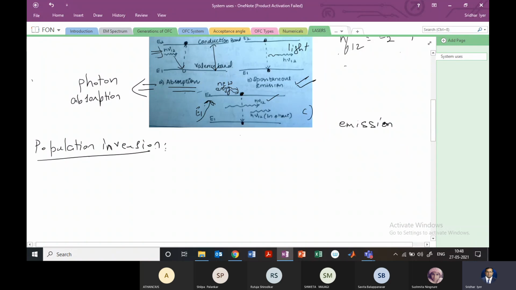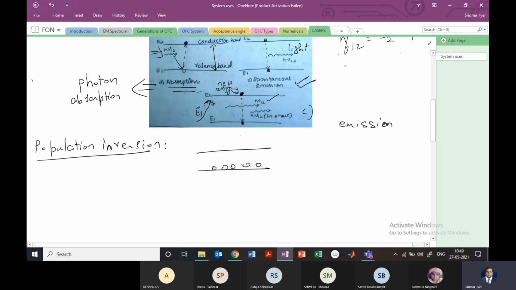The idea of population inversion is this: the stimulated emission will exceed absorption. Please understand this clearly. The stimulated emission will exceed absorption only when population in the conduction band is greater than that in the valence band, right? That means for stimulated emission, if I draw this, I think you'll understand this better.